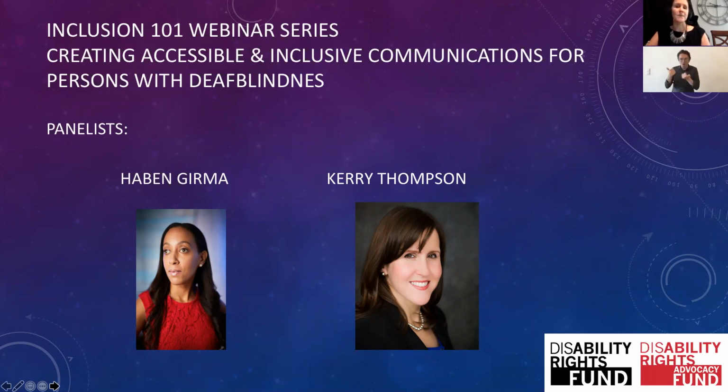And as Haben mentioned, the deafblind community is extremely diverse, because it depends on so many different factors of every person. Haben and I are both deafblind. We both went to Harvard, but we have different backgrounds, different life stories, and different communication preferences, but we both love to dance.